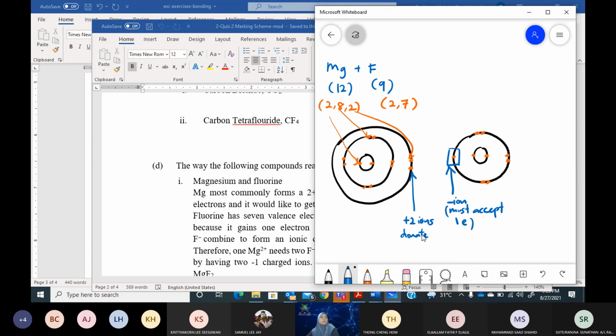Okay, this one accepts, this one donates. Yes. So the one that donates will be positive, and the one that accepts will be negative, yeah? Okay. Something like this.